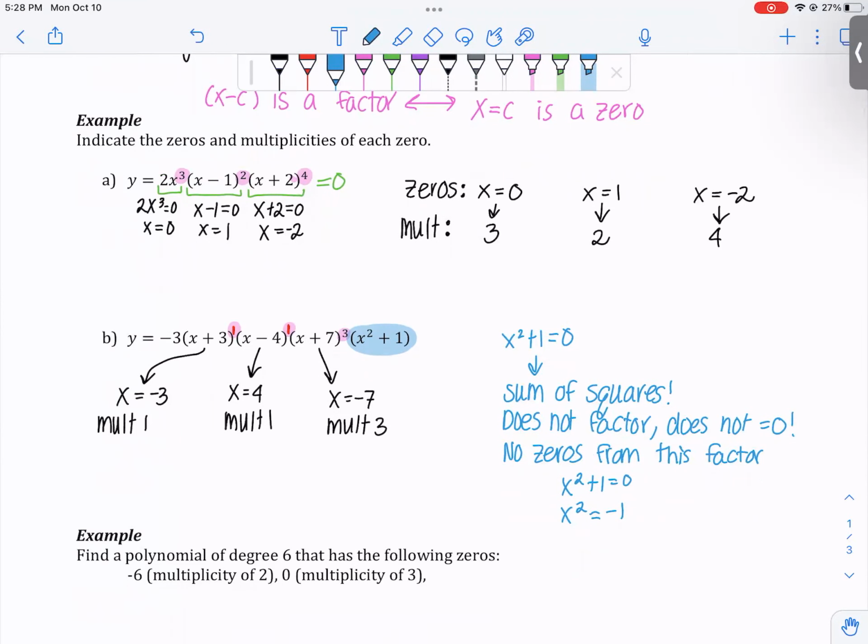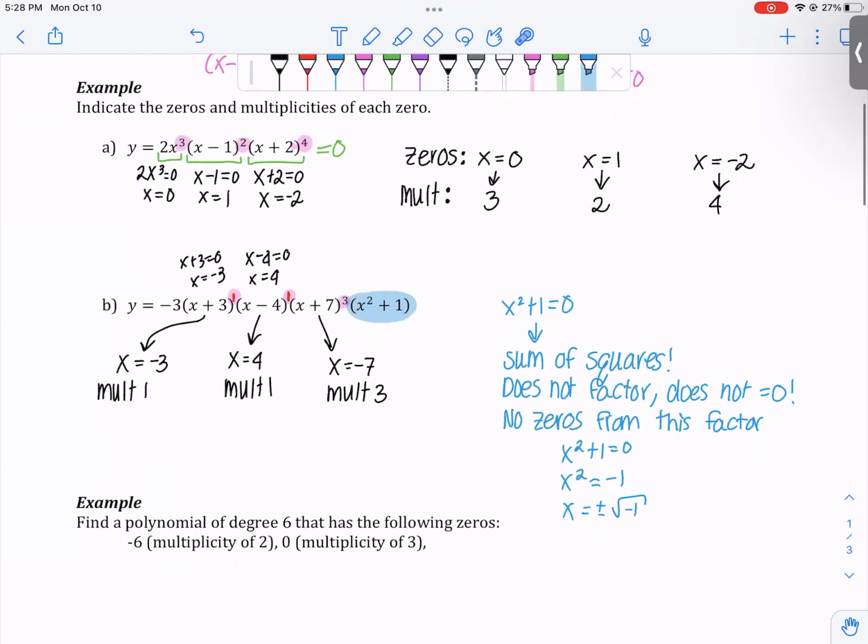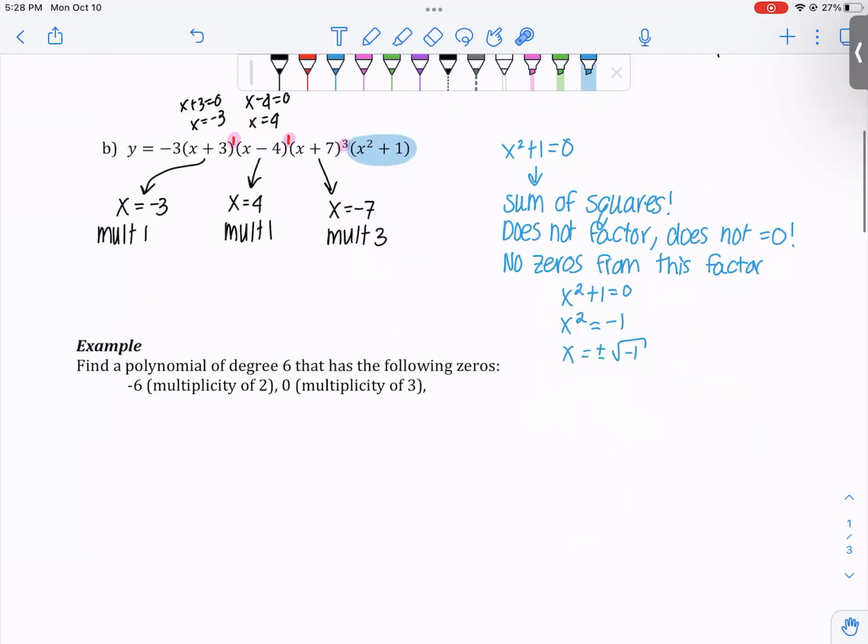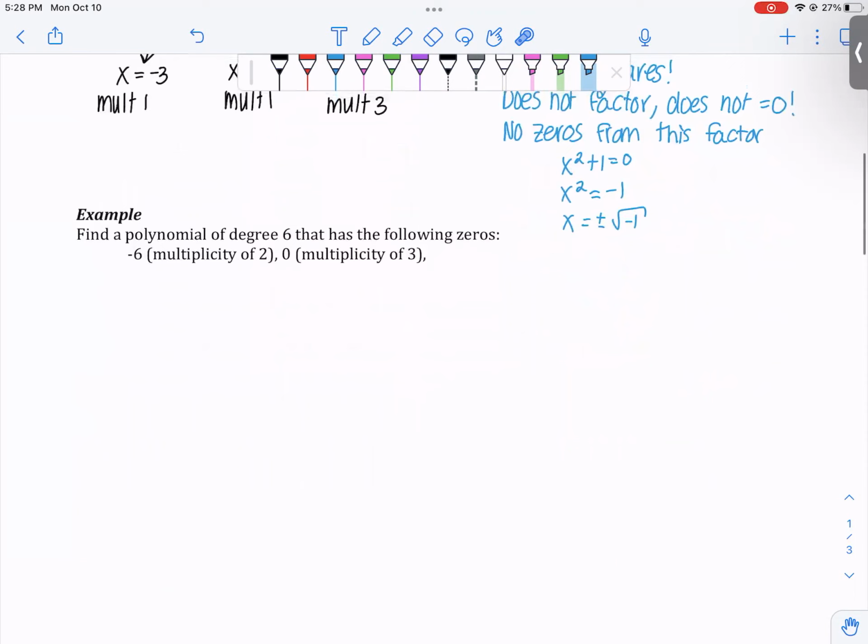You would take the square root on both sides, and you would get x equals plus or minus the square root of negative 1. And that's where the issue is. For all these other factors, x minus 4 equals 0, x is equal to 4. x plus 3 equals 0, x is equal to negative 3. But it doesn't work with the x squared plus 1. That's a tricky one, but we still talk about it.